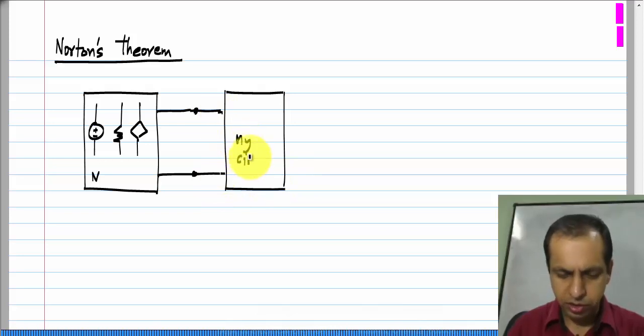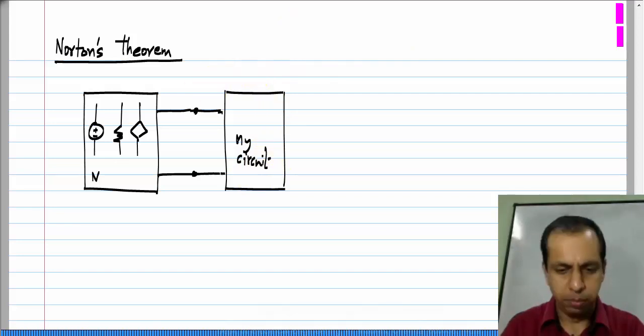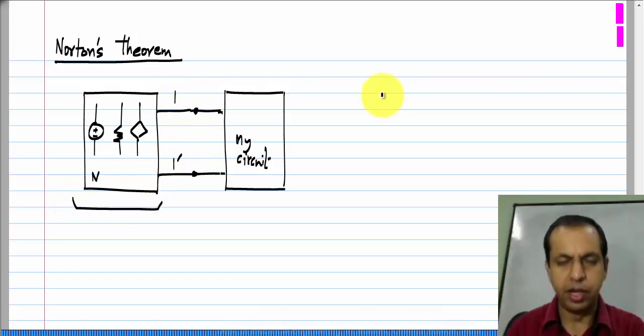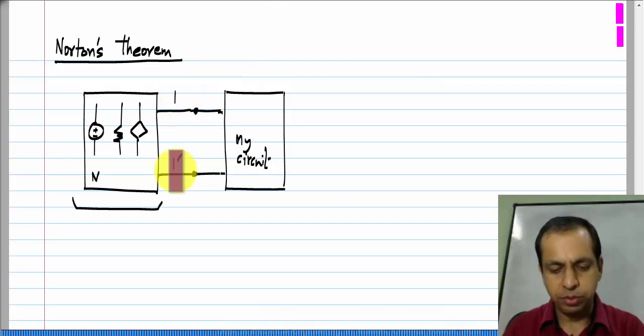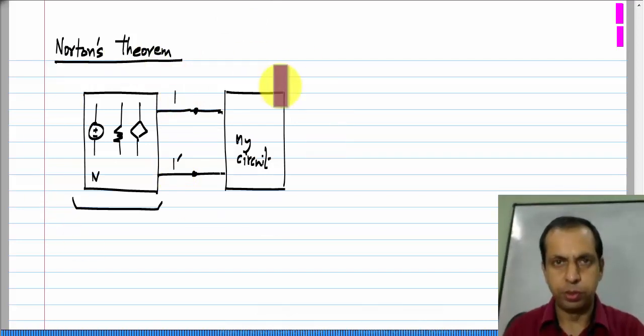Let me call this my circuit. Now, what we wanted was a representation of this circuit N at the terminals 1 and 1 prime. So, it can be a stand-in for this circuit regardless of what you connect to it.